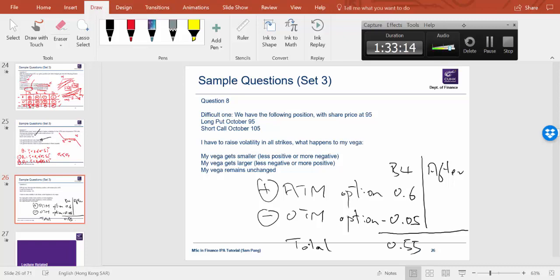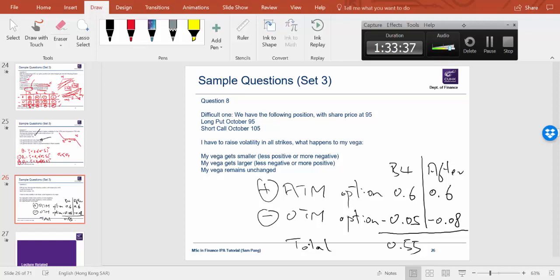Now what happens after? First of all, this doesn't change. I already told you, okay? But the other one, it will change to, let's say, minus something. How about that? Okay? It doesn't matter.